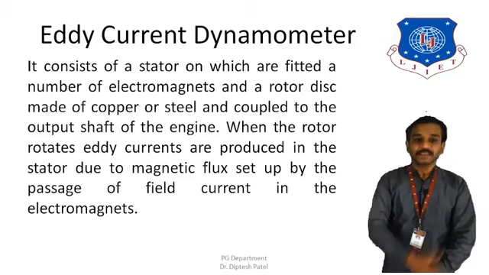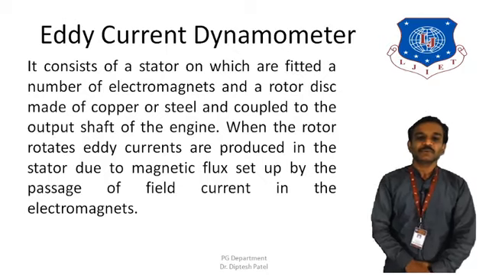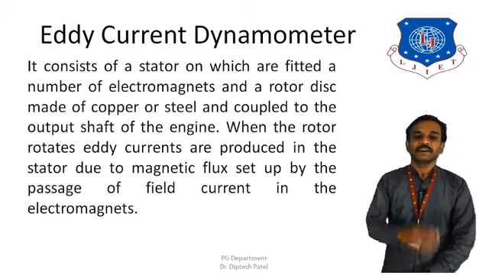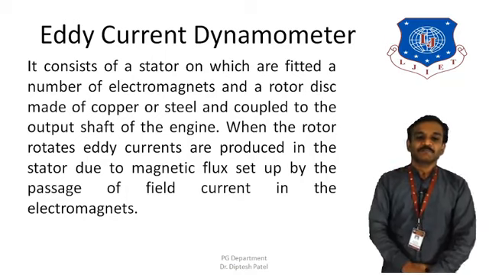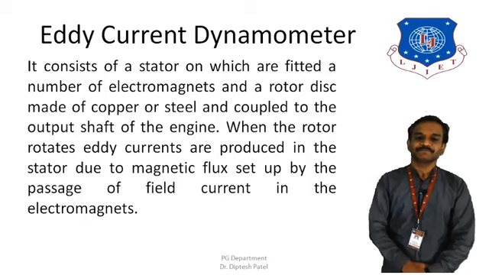This rotor disc is connected with the output shaft of the engine. When the engine starts rotating, it rotates the rotor as well, and since the rotor rotates in between these electromagnets, it produces eddy currents because of the magnetic flux set up by the field current in the electromagnets.